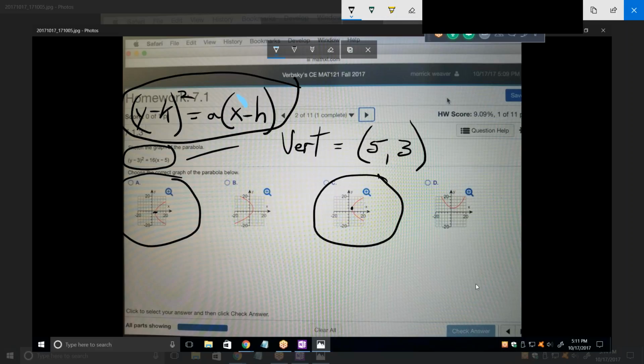I could blow that up so you could see it a little more accurately. I have my actual slide right here. Yeah, C is at 3. We can't really tell it's at 3, but we certainly can tell that it's above the x-axis, whereas in A, the y-coordinate of the vertex is below the x-axis. So this has to be C.